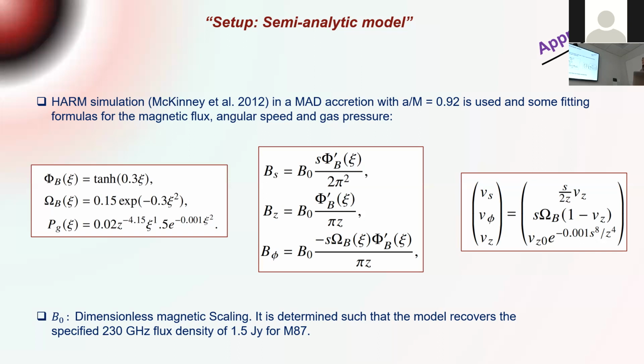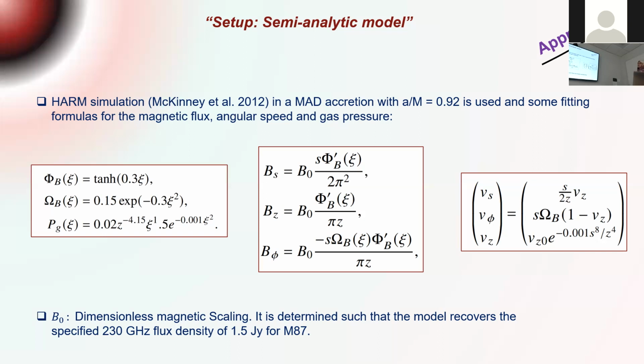In other words, instead of worrying about the magnetic flux or angular speed or pressure or whatever, imagine that your simulations are just giving you some parabolic jet. You fit some formulas to it and you just use them.